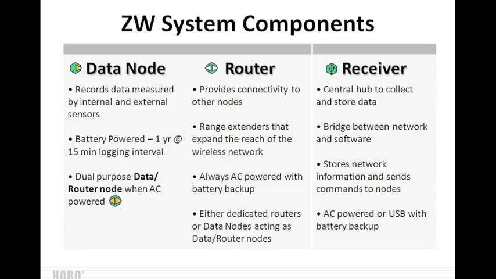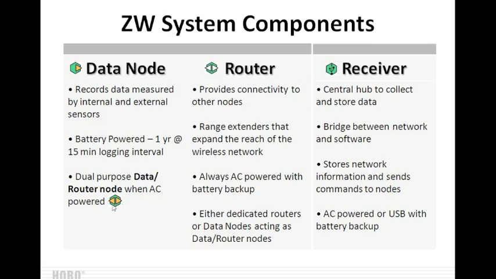Just to walk you through a few more details about these components, the data node records the data measured by internal and external sensors. We have data nodes with both varieties of types of sensors that you can plug in. The data nodes are battery powered for about a year at a 15-minute logging interval. That battery life can actually expand if you have longer logging intervals.